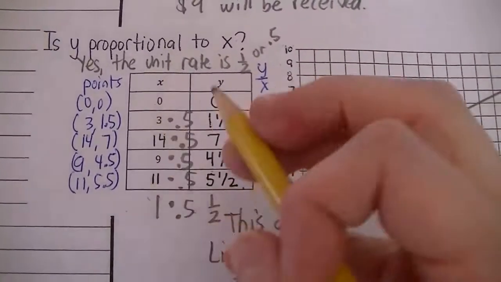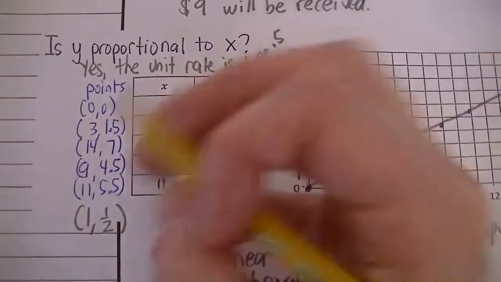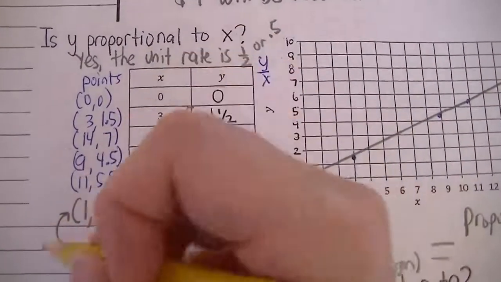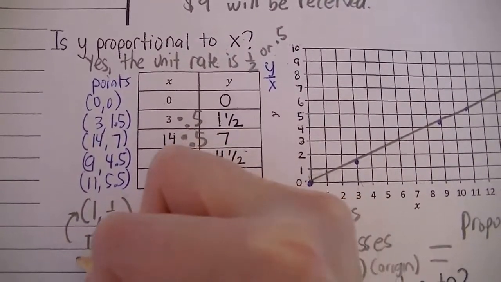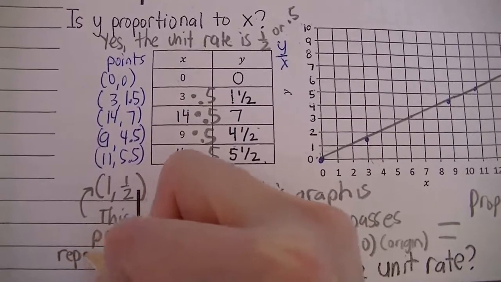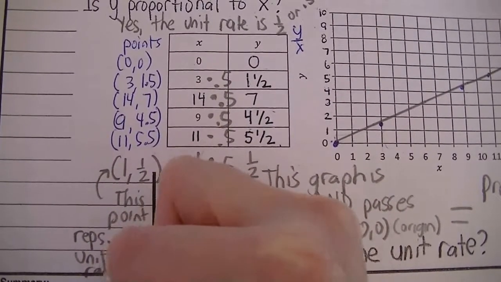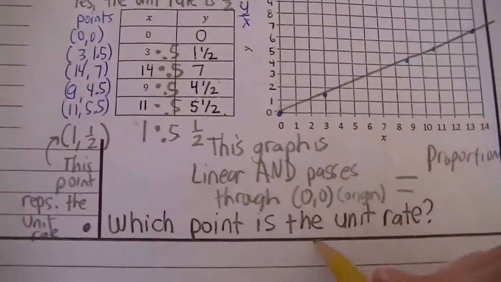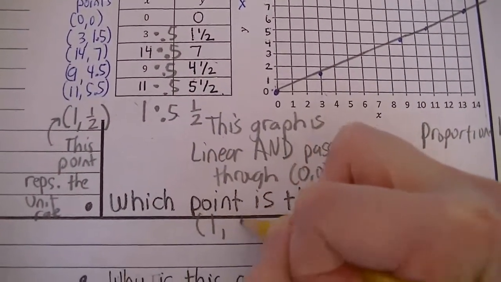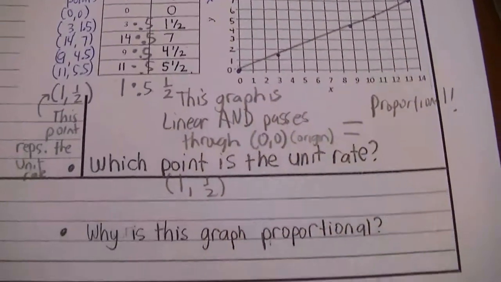So the ordered pair for the unit rate is 1, 1/2, or 1, 5/10. This point represents the unit rate, which means when x is 1, y is 1/2.